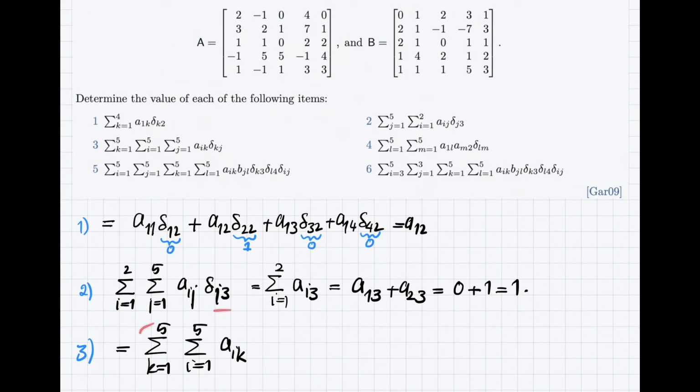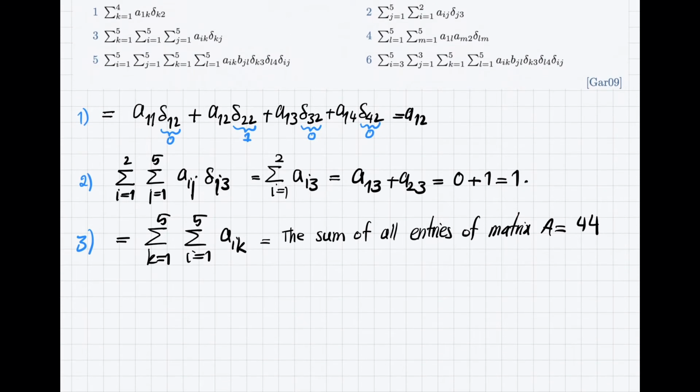So this is the sum of all entries of matrix A, which I have already calculated. If I haven't made any mistake, it should be 44. Okay, now let us go and check number 4.